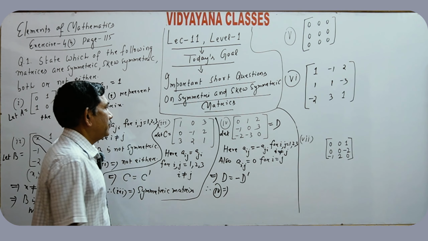Here 0 means 0 matrix. These two conditions imply it is the definition of symmetric and the definition of skew symmetric. That means the 0 matrix is both symmetric and skew symmetric.